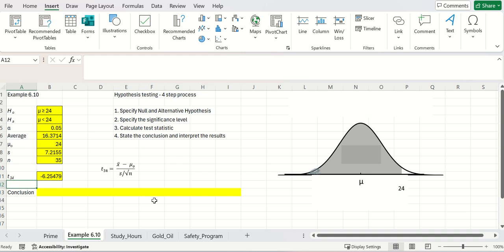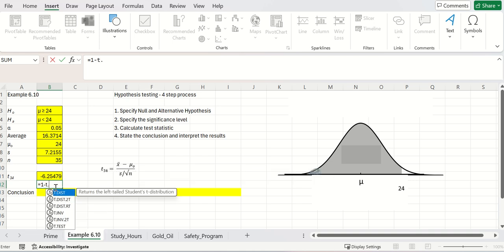The last thing that we need to do now is calculate a p-value, the probability, based on this t-statistic. The way we enter that is equals 1 minus the t-distribution for a right tail test, and the value that we have is minus 6.25479.